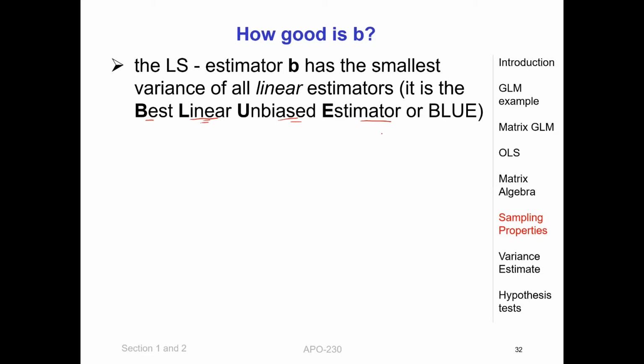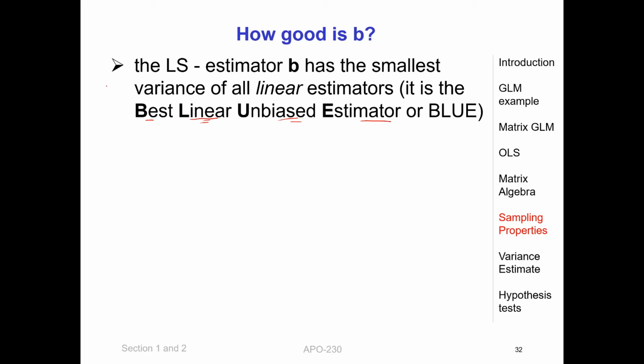And this is even with non-normal distribution of the error. Why? Because remember when we talked about the Gauss Markov assumptions A1 to A4, we didn't mention anything about the distribution of the error, nothing about normality.